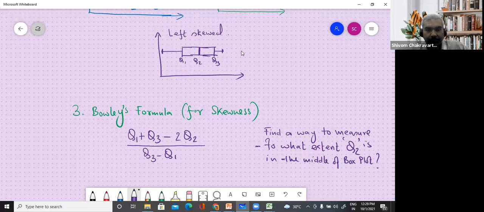So Q1 plus Q3, you can try to do all kinds of calculations. So this is Q1 and this is Q3 and 2Q2. That means twice you are taking Q2.